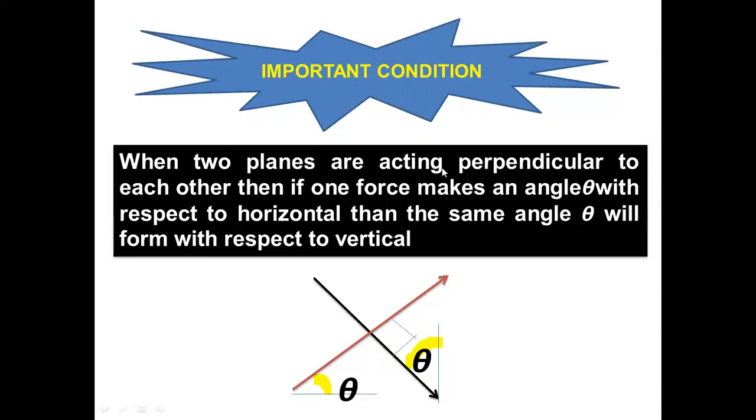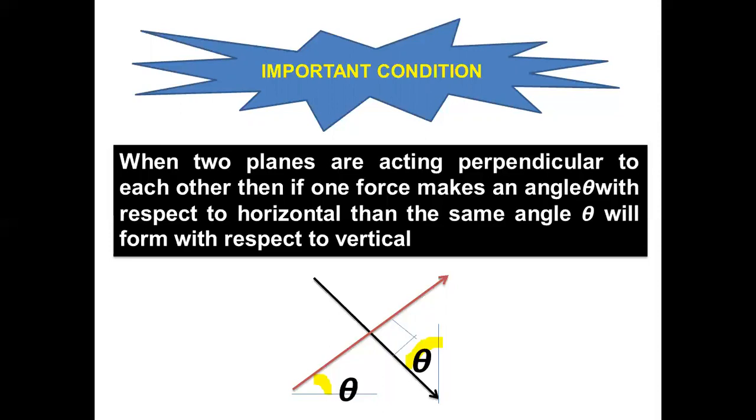When two planes are acting perpendicular to each other, if one plane makes an angle theta with respect to horizontal, then the other plane will make the same angle theta with respect to vertical.